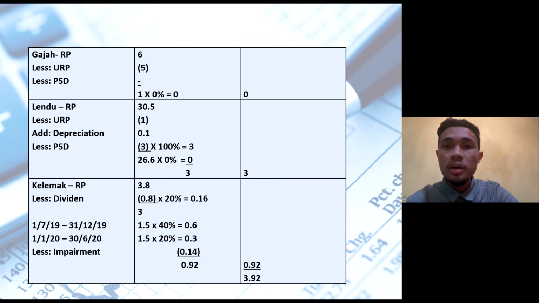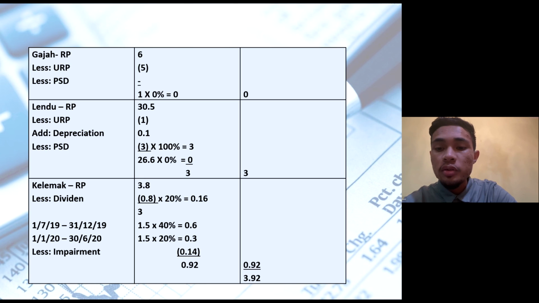Dividend 0.8, we must times the NCI percentage 20%, and we get 0.16. So since we have different periods for the percentage of control, we should apportion the profit of 3 from 1 June 2019 to 31 December 2019, and the second acquisition, which is from 1 January 2020 to 30 June 2020. 3 divided by 12 months and times 6 months, we get 1.5 for each period.